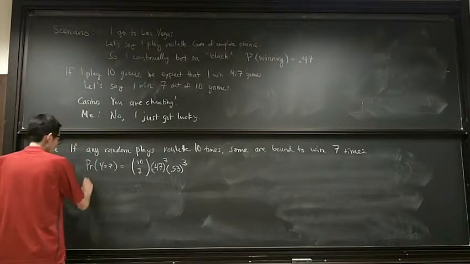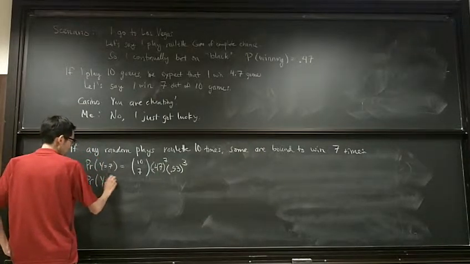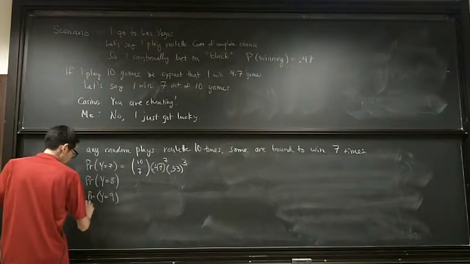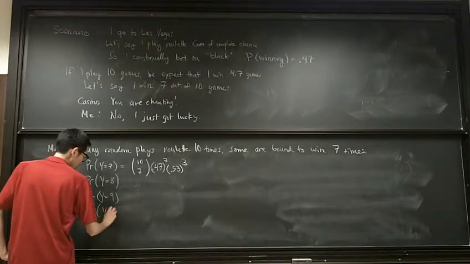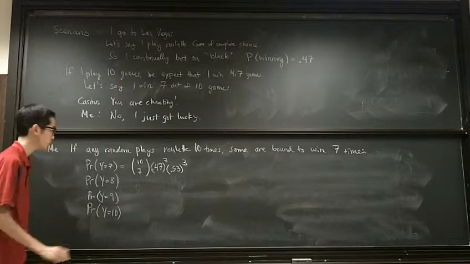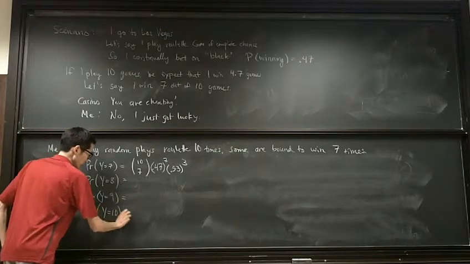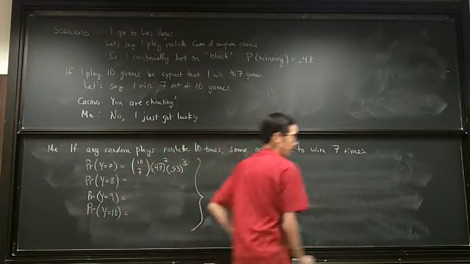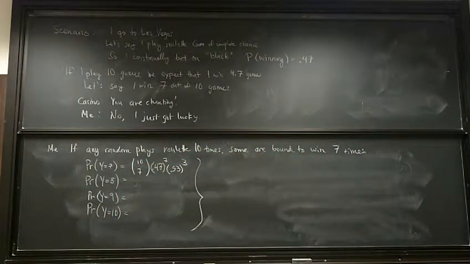Okay, so let's also add the probability of y equals 8, y equals 9, and the probability of y equals 10. Okay, so then we figure this total out. Let me hop on our calculator.